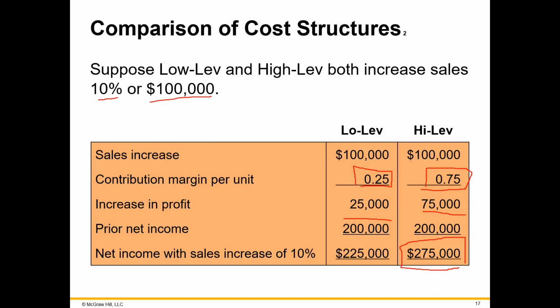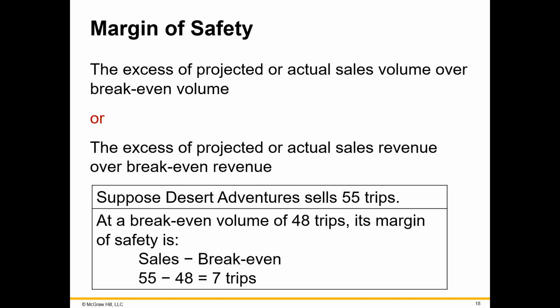Margin of safety. That term is pretty self-explanatory. It's the excess of sales over break-even sales. So in this example, Desert Adventures usually sells 55 trips. We calculate that we really only need 48 trips to break even.